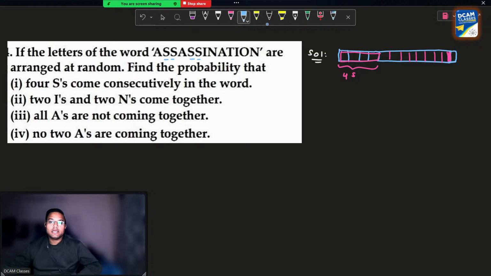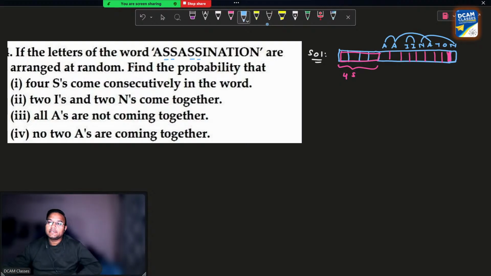Now the remaining can be arranged in, we have 2 N's, 2 I's, 3 A's. So the first one I got as 2 by 143. Correct.